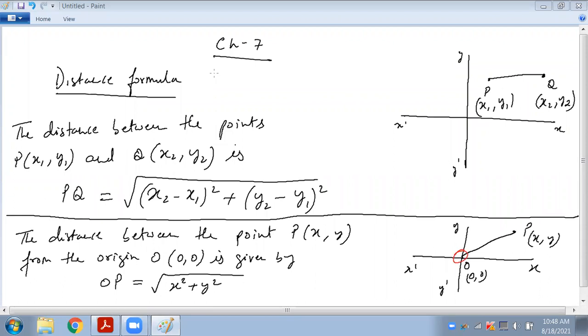And you have to remember this formula. The distance between any 2 points is given by the square root of (x2 minus x1) whole square plus (y2 minus y1) whole square. And the distance between the point and origin is given by what? Square root of x square plus y square. Once you are done, you can raise a hand.